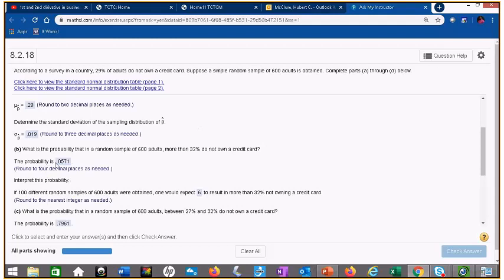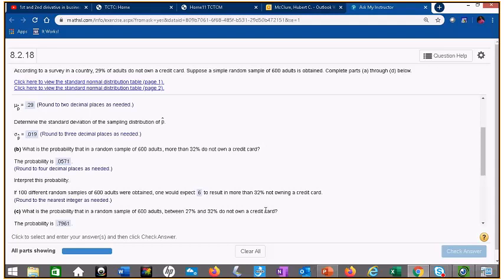So this is 6%. If 100 random samples of 600, one would expect 6, because 6% of 100 is 6. What is the probability that in a random sample, the value is between 27 and 32?